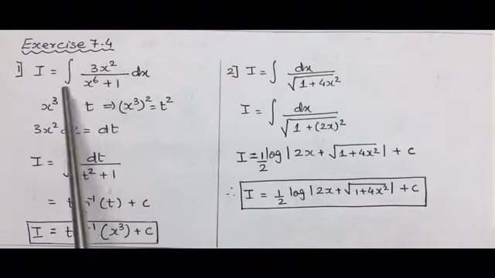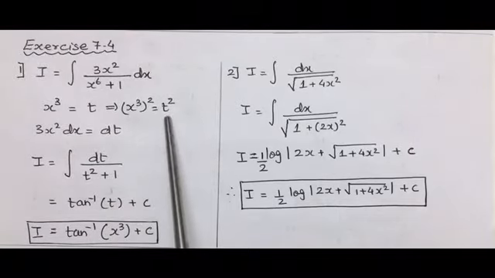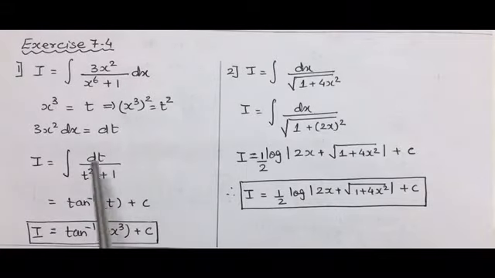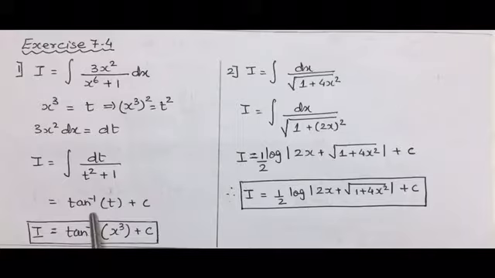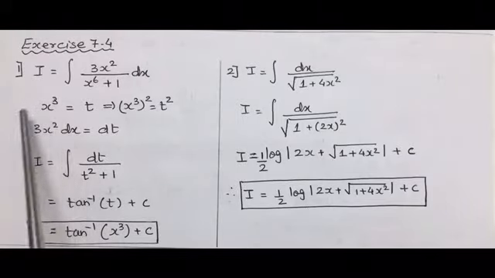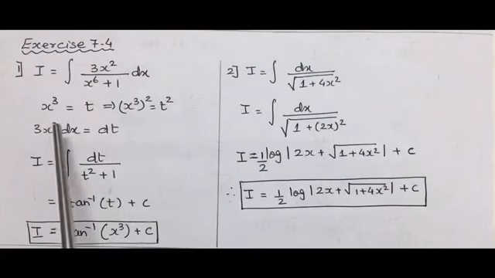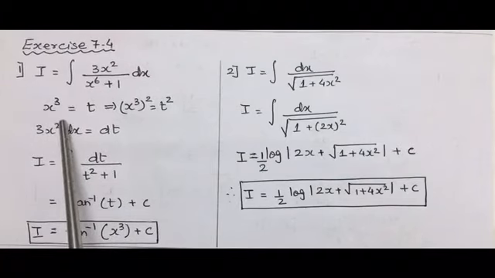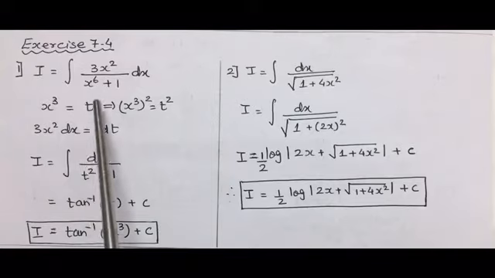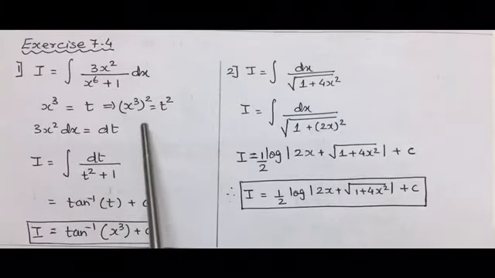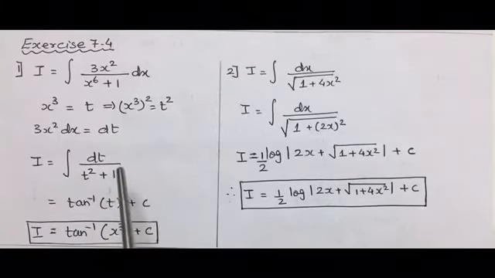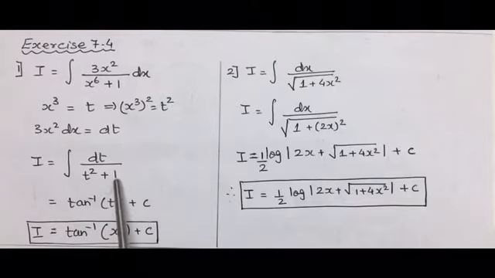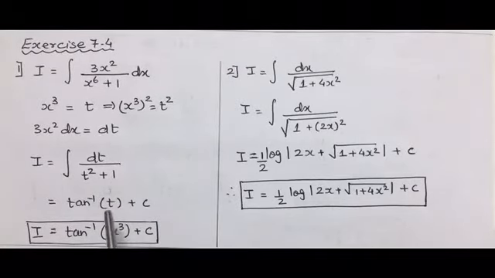So when we substitute the values in terms of t, at least t square we will have, so that the standard integration can be easily applied. So the very first step is very important. If the assumption in the first step is not correct, then we will not get the standard integrations, and as we won't get the standard integration part, we cannot integrate it.